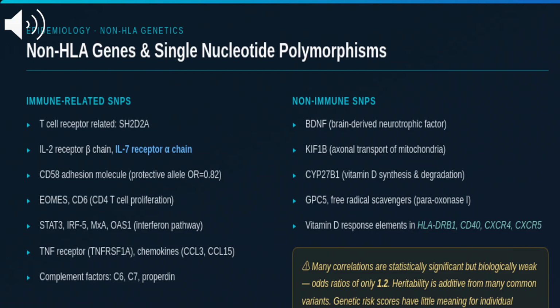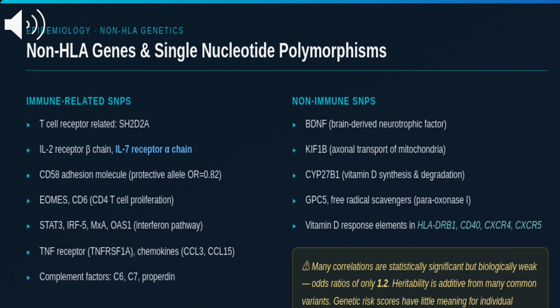The CD58 adhesion molecule SNP has an odds ratio of 0.82 for protection, a protective allele that increases CD58 mRNA expression, potentially enhancing regulatory T-cell function through CD2-CD58 interactions. STAT3 and IRF5 polymorphisms link directly to interferon signaling, the pathway we've repeatedly identified as central to MS immunopathology.